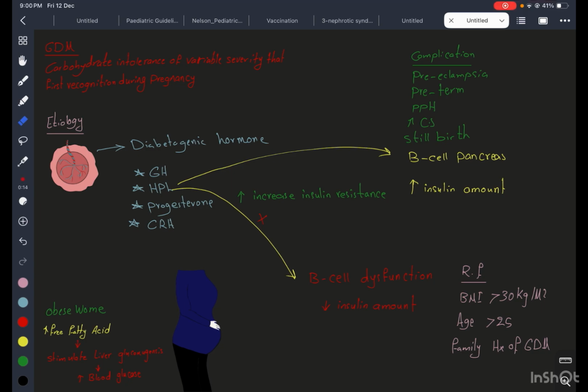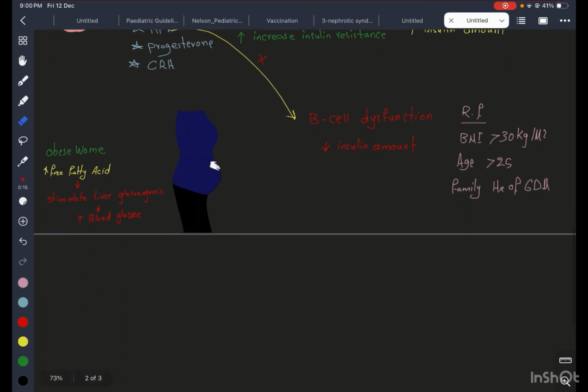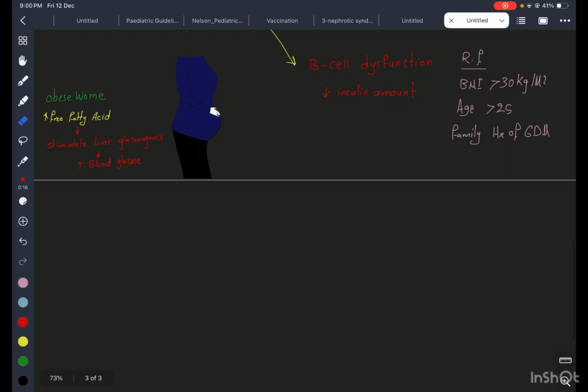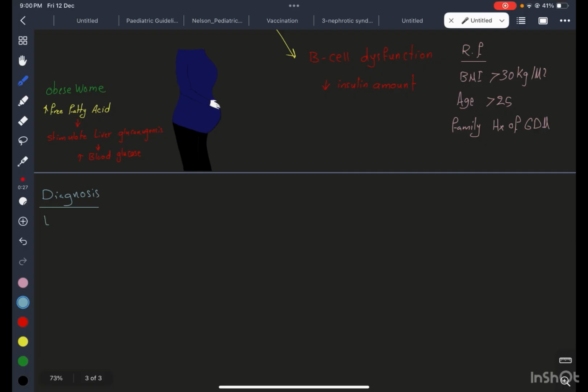Pregnant women need to be diagnosed as early as possible if they have a high risk factor. And for the diagnosis, we need to assess the risk for each woman. The risk is divided into low risk, average risk, and high risk.